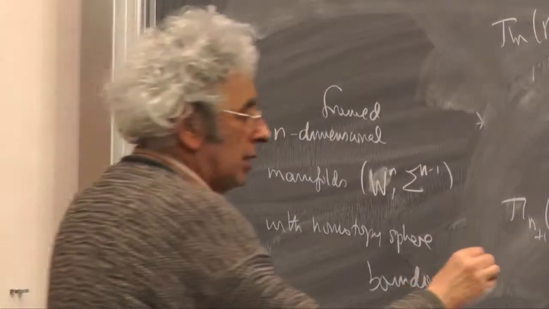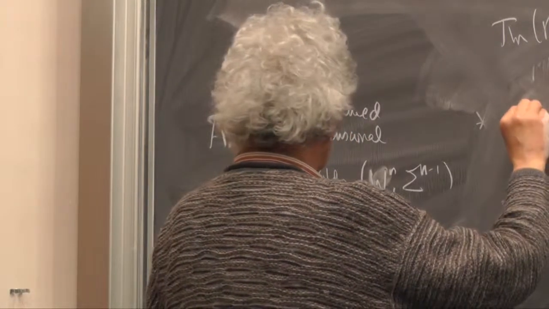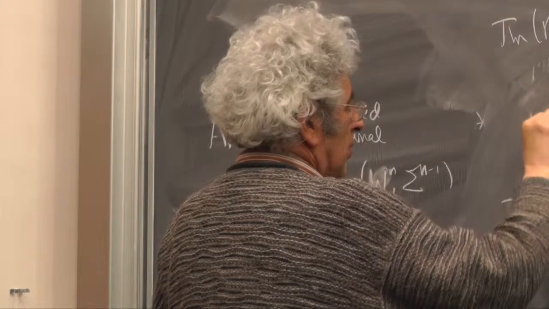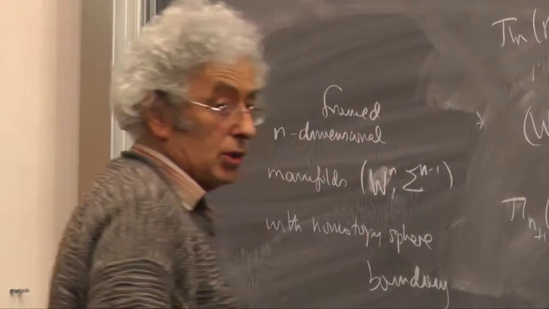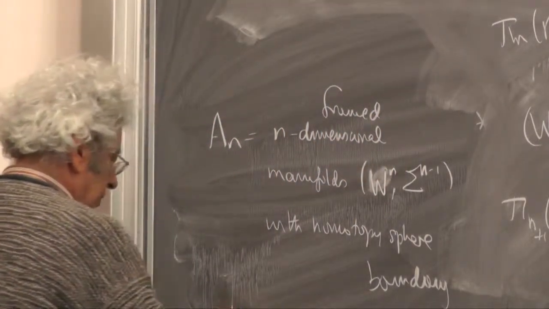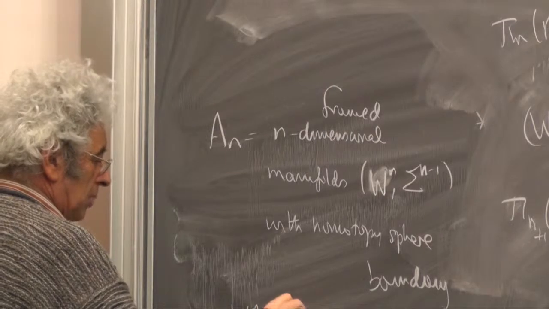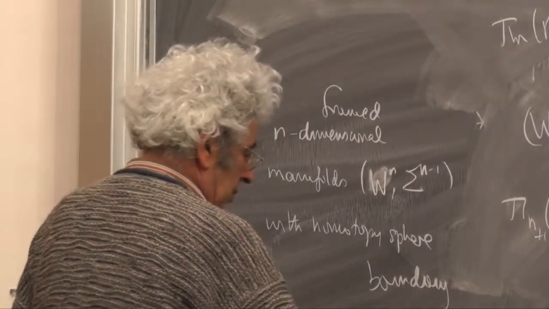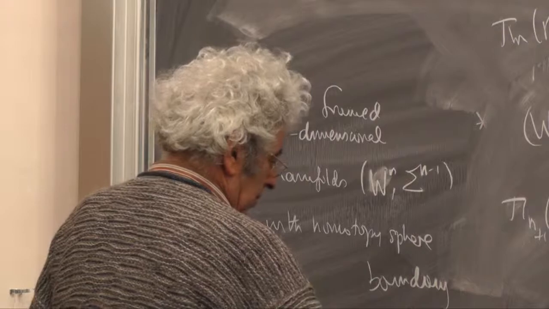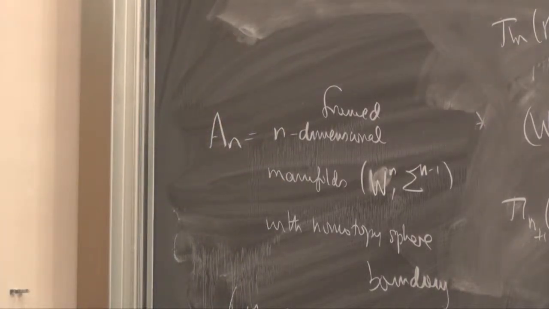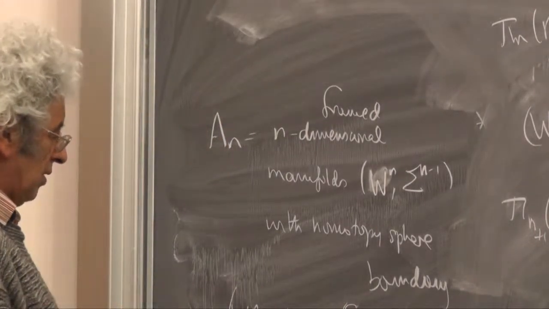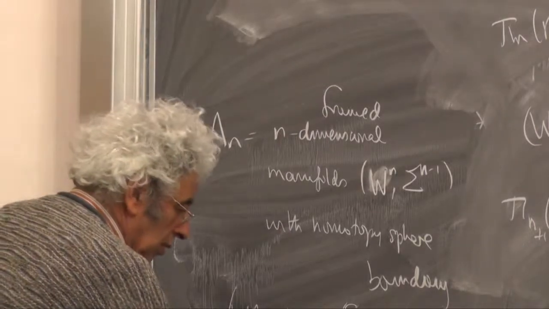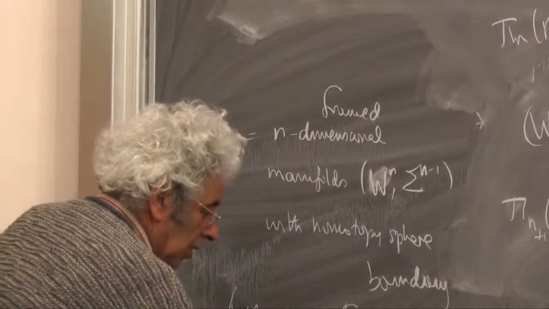So the map here is the surgery obstruction. So if you've got such a thing, and now we're again being slightly ahistorical, because normal maps did not exist, but it is true that there's a more or less obvious degree 1 normal map.